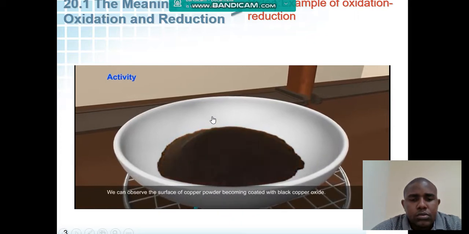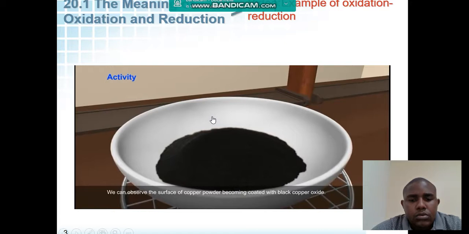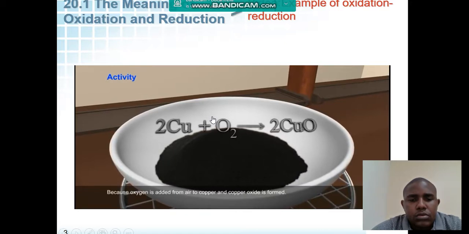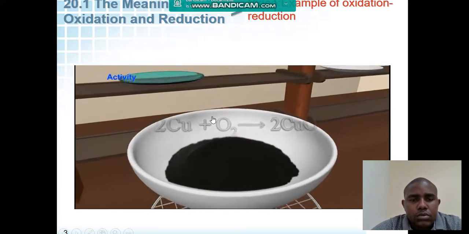We can observe the surface of copper powder becoming coated with black copper oxide. Because oxygen is added from air to copper and copper oxide is formed, 2Cu plus O2 gives rise to 2CuO.